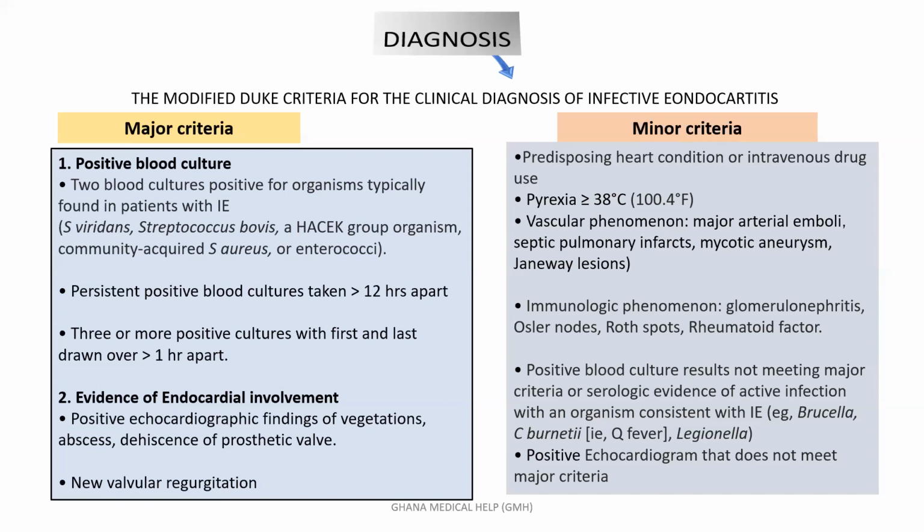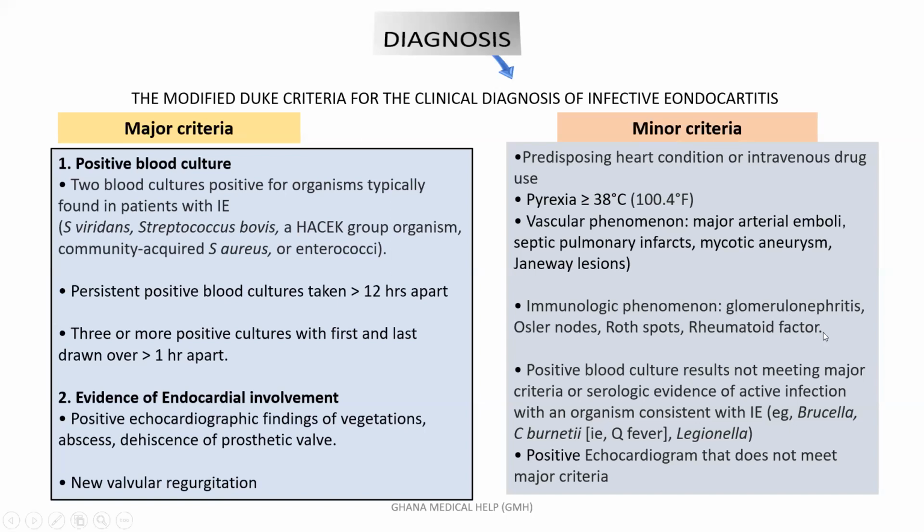For minor criteria, when there's a predisposing heart condition or intravenous drug use, pyrexia more than or equal to 38 degrees Celsius, vascular phenomenon: major arterial emboli, septic pulmonary infarct, mycotic aneurysm, or Janeway lesions.